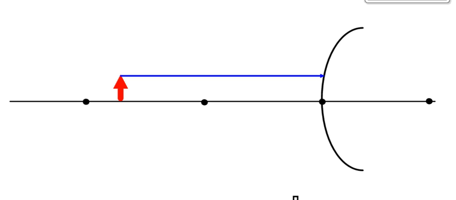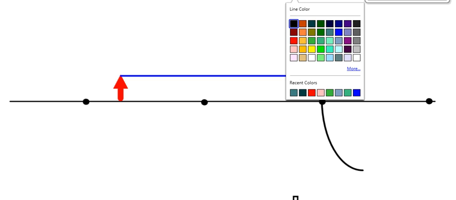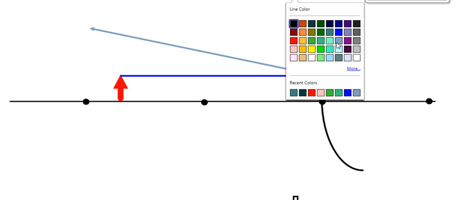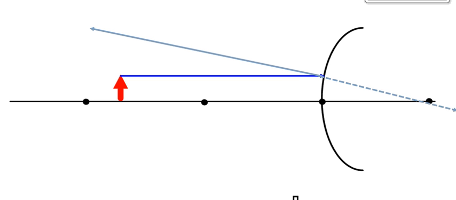So this ray is going to reflect as if it was going to go through this focal point. So that means that it's going to bounce out that way, which gives me a dotted line through there.